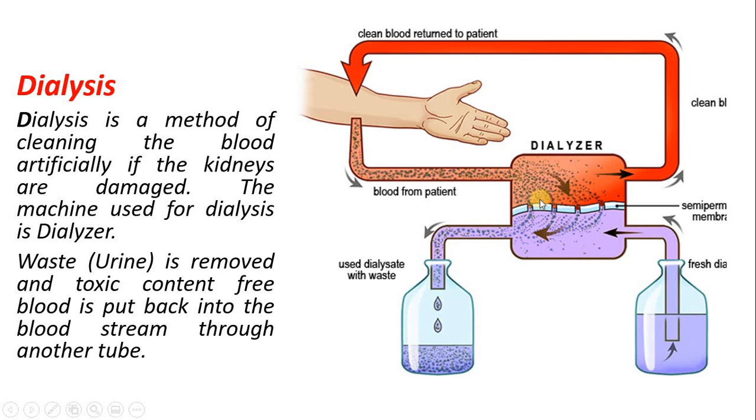So that impure blood goes into the dialyzer, where through the semi-permeable membrane the waste products are removed, and then the clean blood is sent back again to the patient's body. So this dialyzer acts as an artificial kidney for the patient. Now to understand this more clearly, let's see an activity.